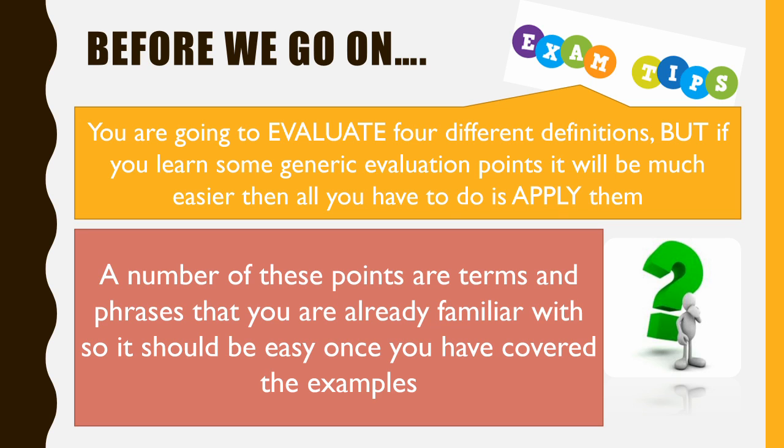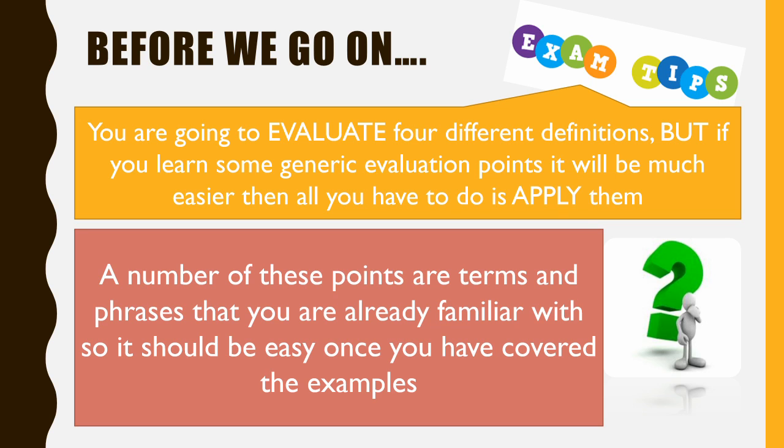If you get stuck when you are being asked to evaluate one of these definitions, these general ideas will serve you well in that exam. What it means is that you don't necessarily have to rote learn the evaluation points in your booklet. As long as you understand some of these concepts, you could fill in the blanks a little bit. Obviously, I'm not telling you not to learn the evaluation points in your booklet, but you'll see when we move through it, there are some common patterns.